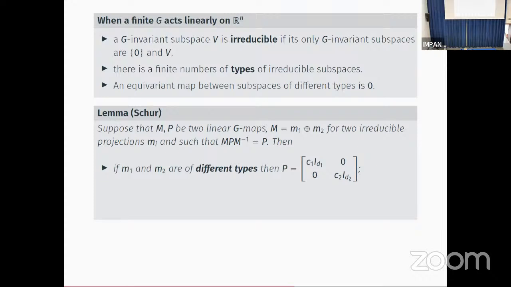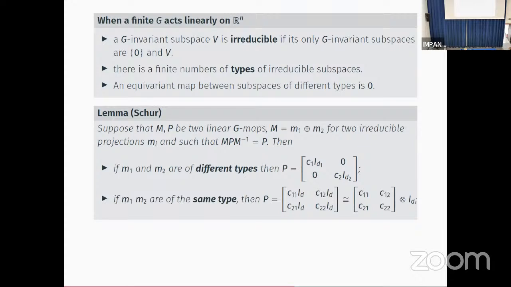And the second fact is what happens if they are of the same type. Then the identity matrix is always the same because it's the dimension, the identity of the dimension of M1. But I have in total 4 different scalars. So it's a tensor product of identity with something like that.